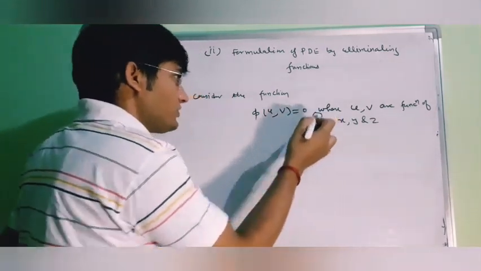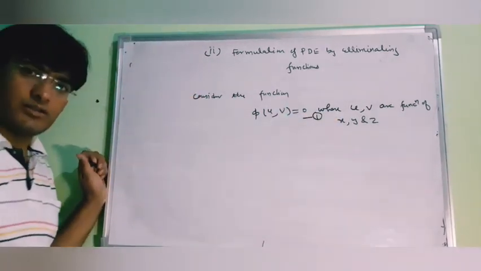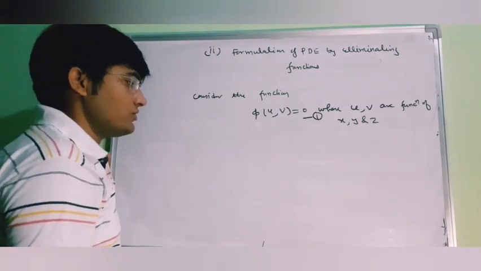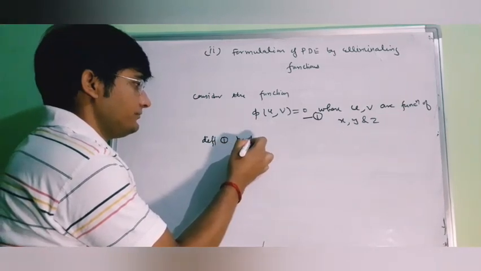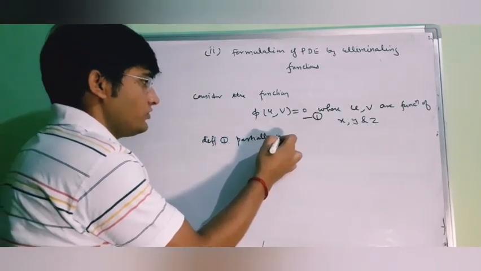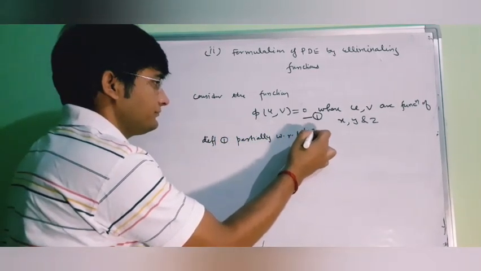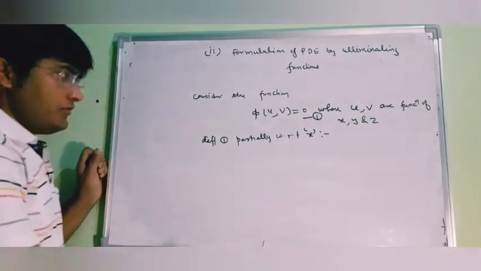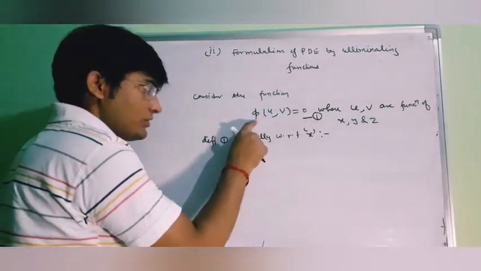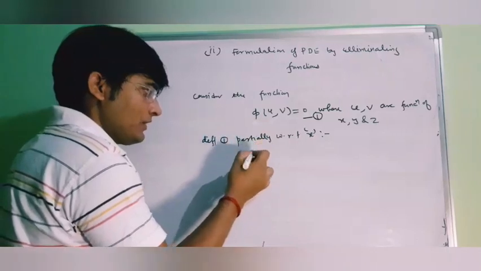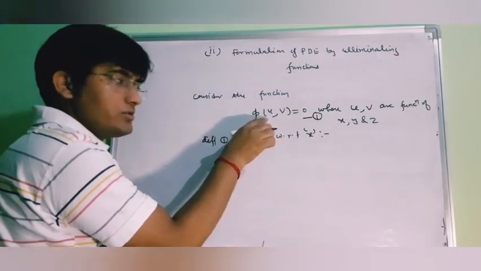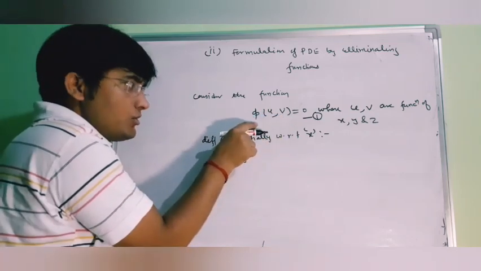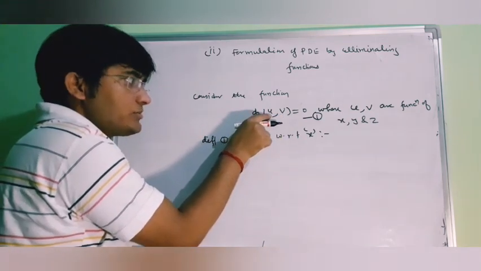So to eliminate this function phi, let us differentiate 1 partially with respect to x and partially with respect to y. So differentiating 1 partially with respect to x. Now if you differentiate this equation partially with respect to x, we cannot differentiate it directly because it is a function of u and v. So we will have to differentiate first with respect to u.